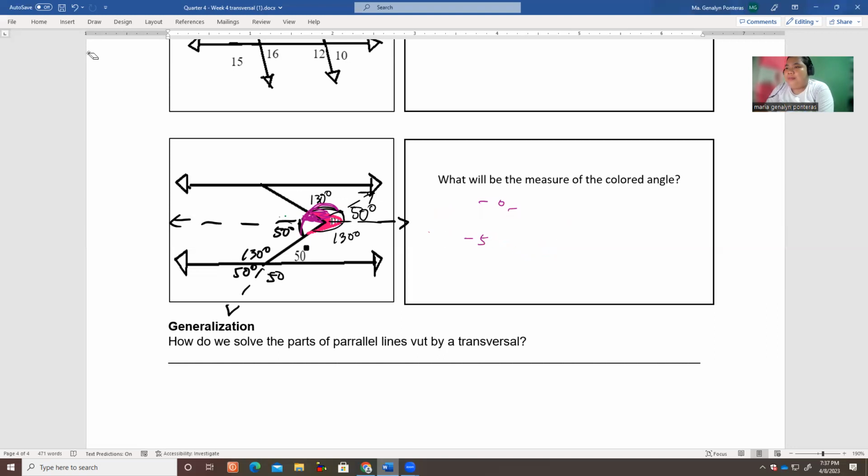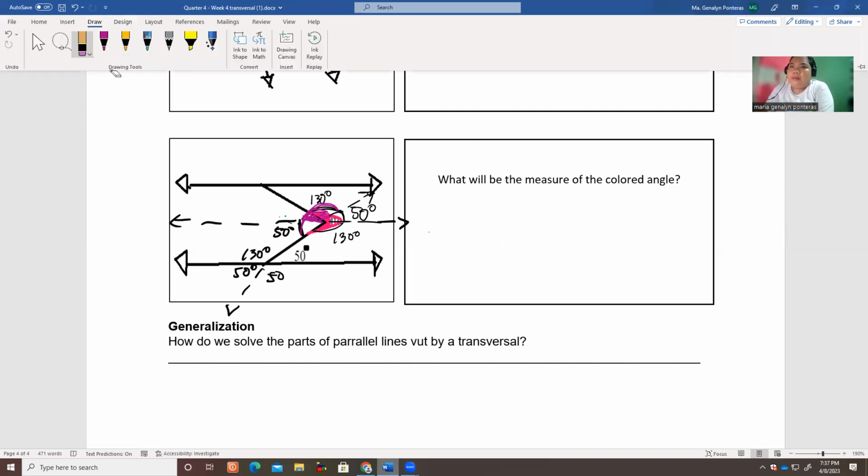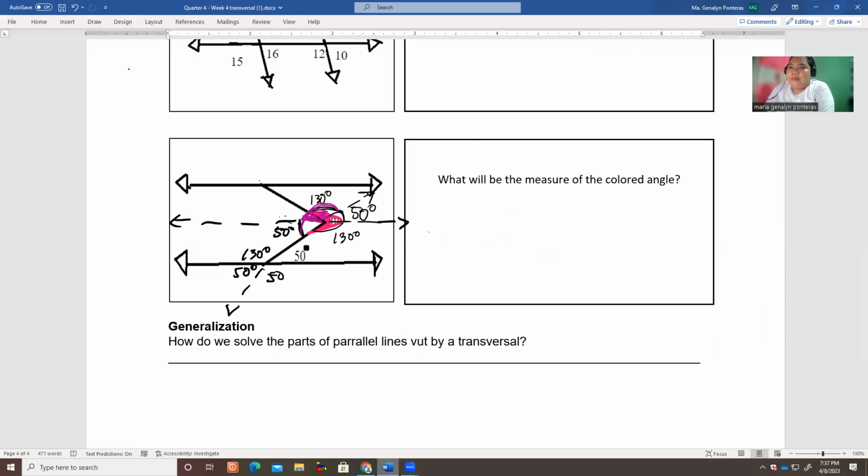So we can continue the upper one. Maybe we need to continue on this one. If this is 130 and this is 50, what portion is this?